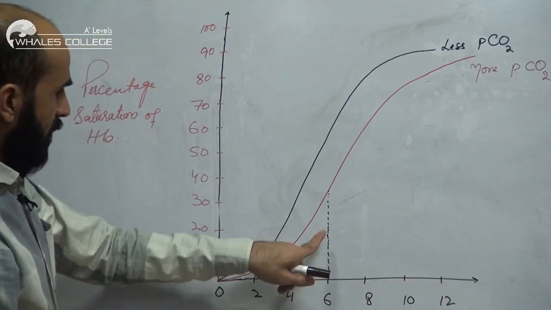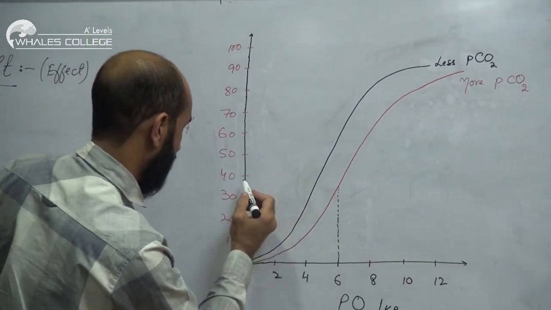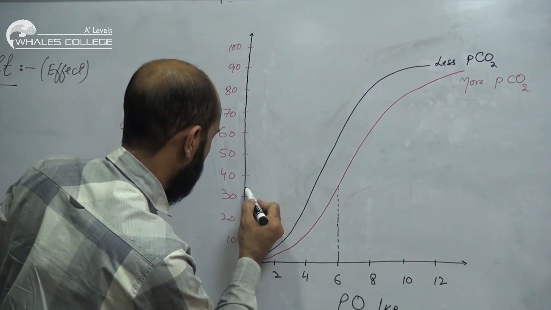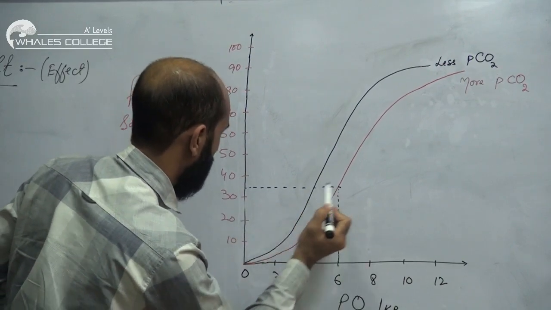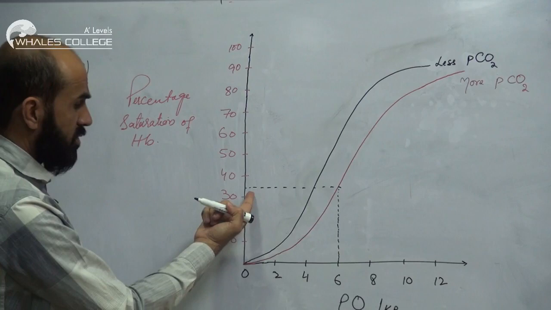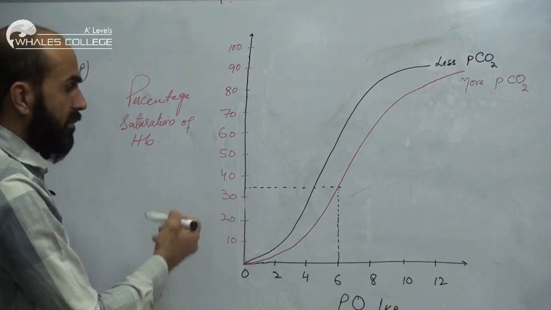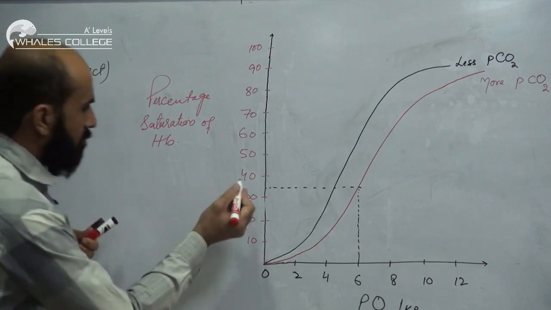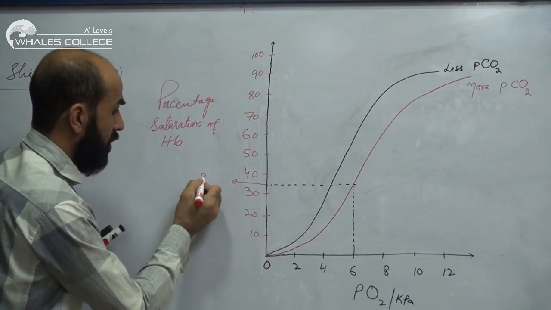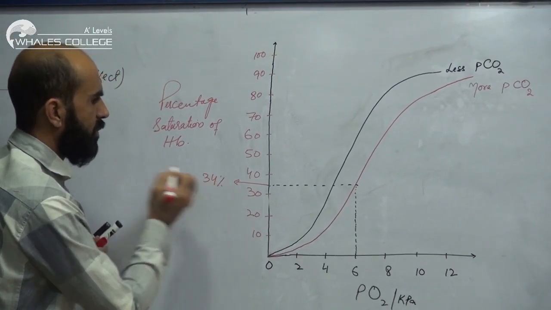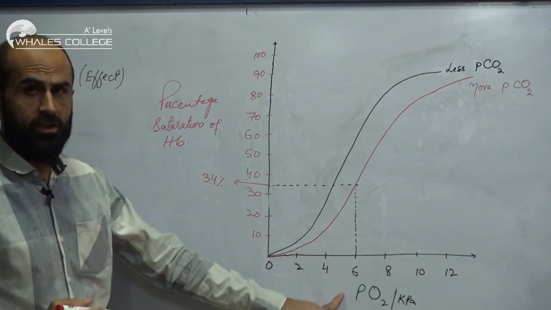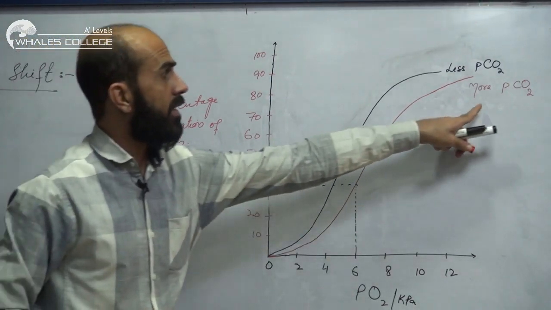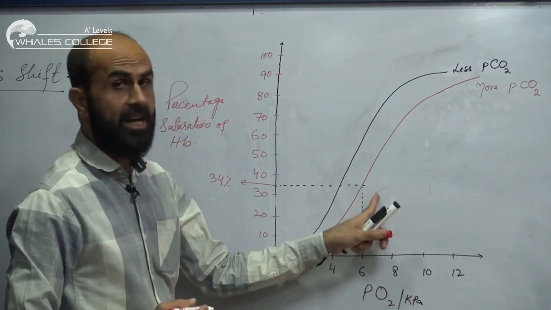Let's see, at partial pressure of oxygen 6, it's maybe at this point. If you see the red line here, it shows a percent saturation of about 34%, at partial pressure of oxygen 6, when the carbon dioxide concentration is higher, in red.